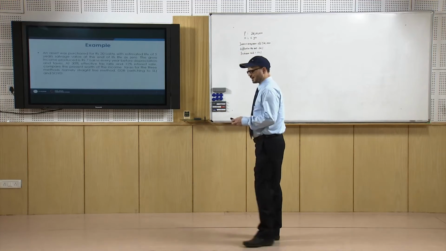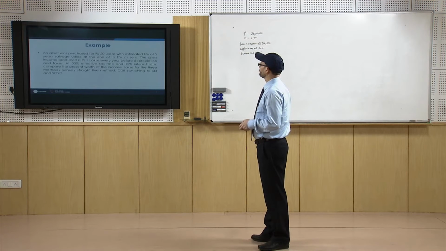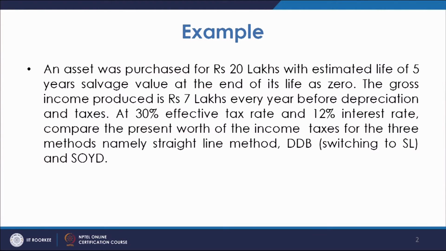Basically, we have to find the present worth of income taxes for three methods: the straight line method, the double declining balance method switching to straight line, and the sum of years digit method.